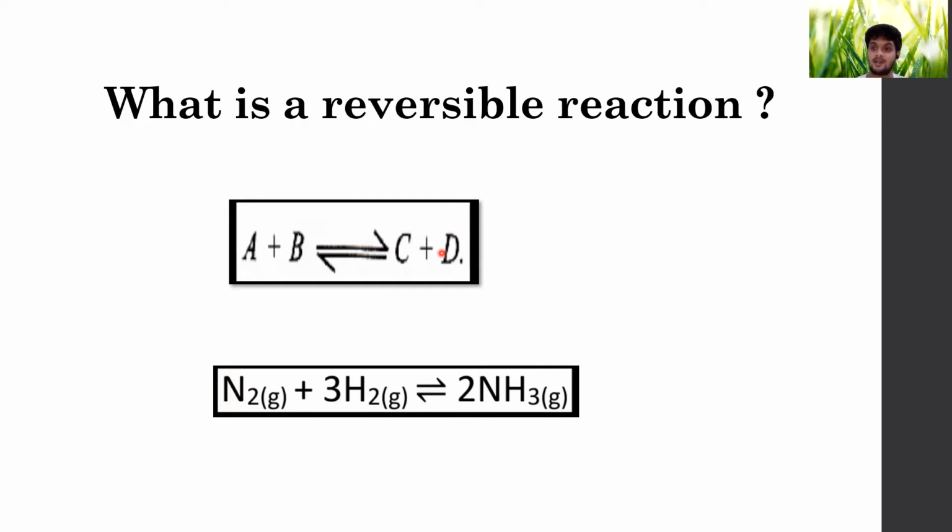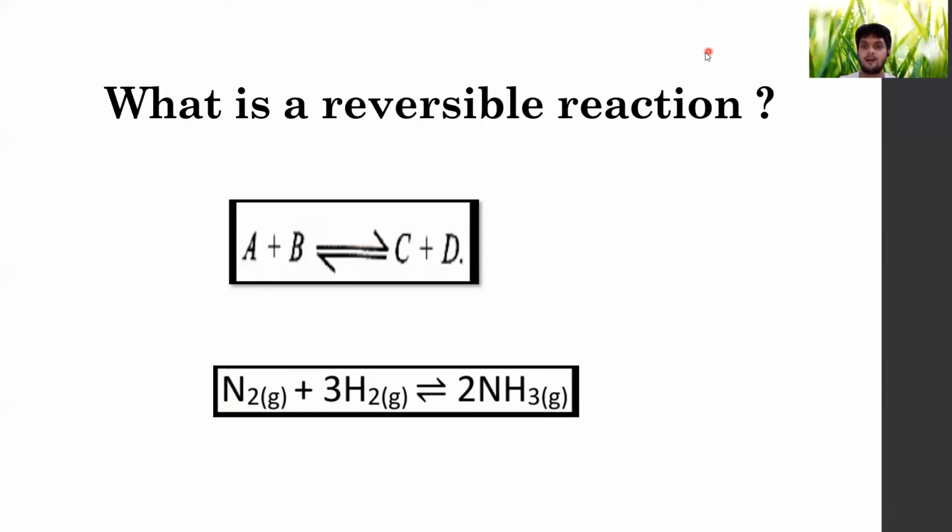Okay, so a real life example of this type of reaction is nitrogen plus hydrogen gives you a compound which is ammonia. So production of ammonia is a reversible reaction because you can produce ammonia from these two elements, and ammonia can also break into nitrogen and hydrogen.